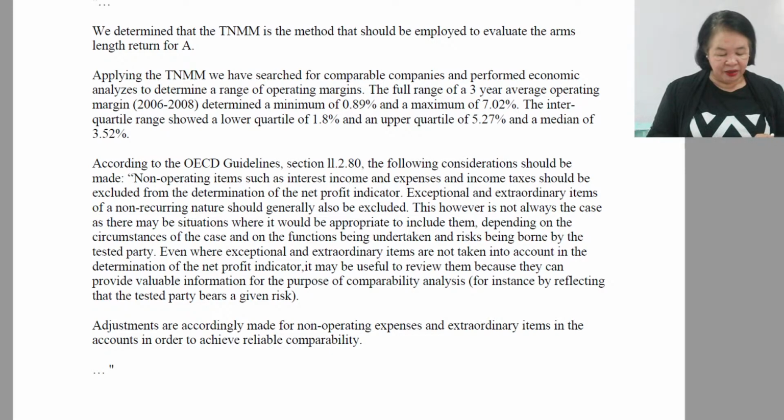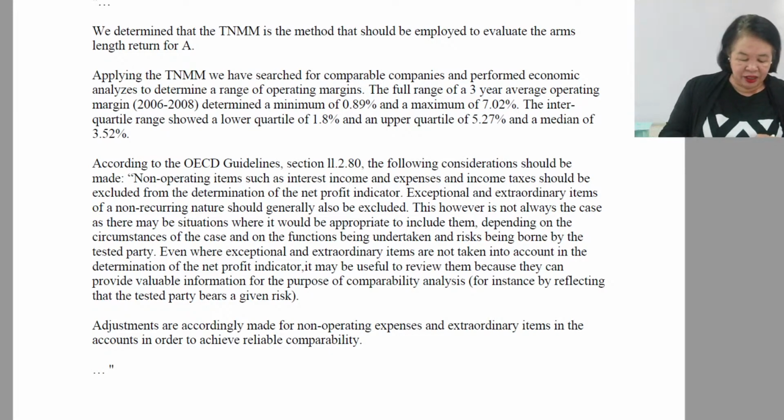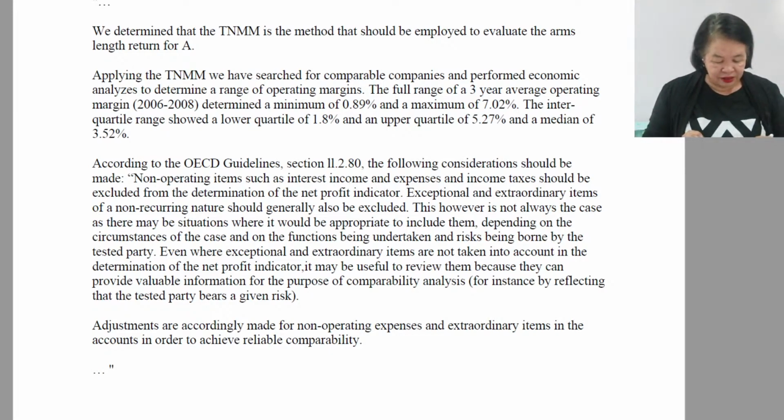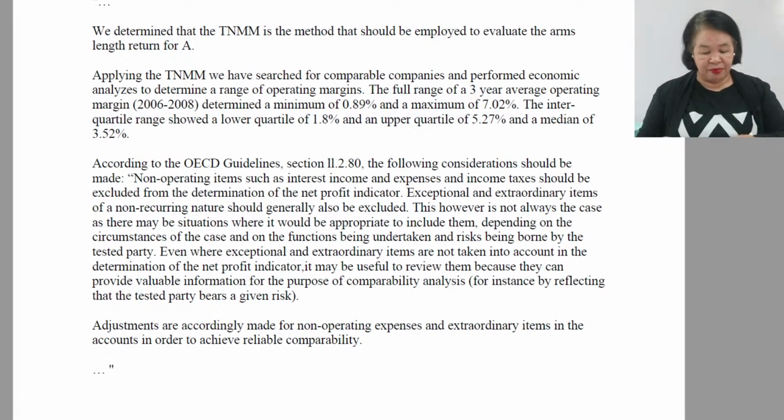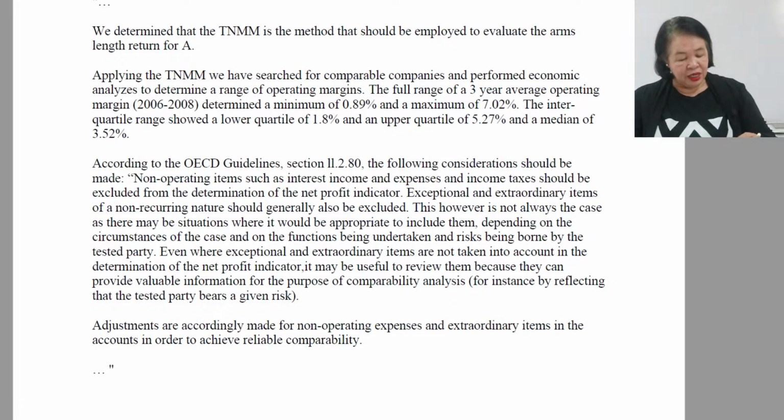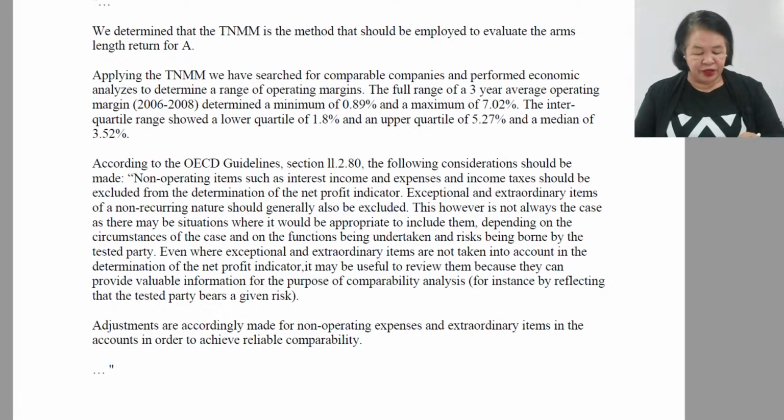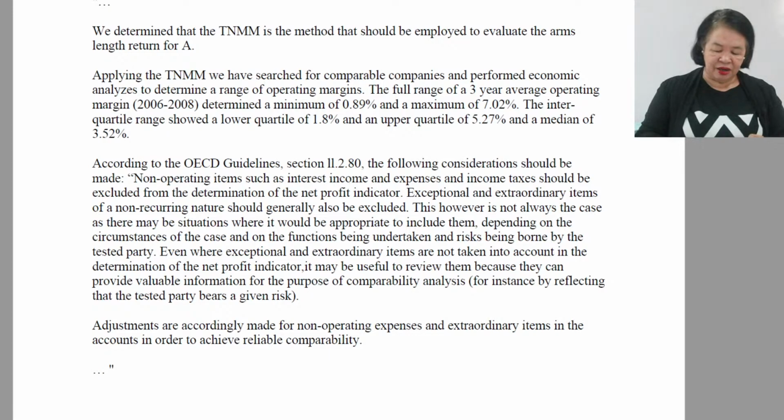For instance, by reflecting that the tested party bears a given risk, no? So, okay, that's how yung documentation po ginagamit ng court, no? Adjustments are accordingly made for non-operating expenses and extraordinary items in the accounts in order to achieve reliable comparability, no? So, ito yung naging basis nila.